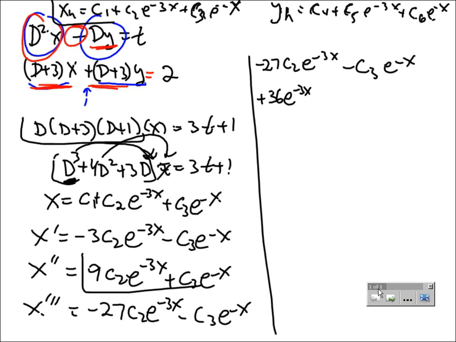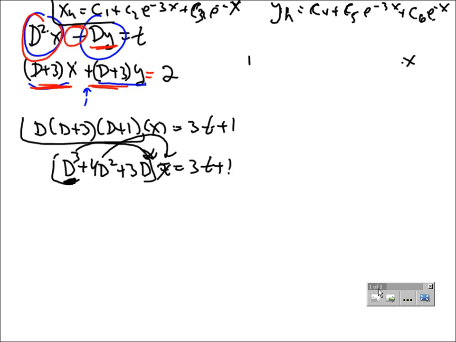Actually, not true. Since we have x triple prime plus 4 times x double prime plus 3 times x prime is 3t plus 1, we should only guess what x is. It's going to be a polynomial.